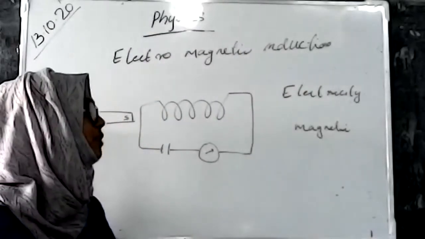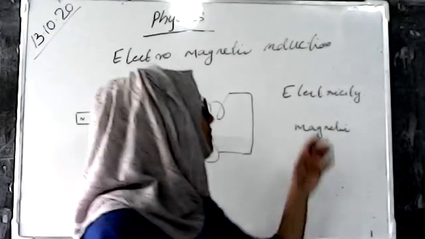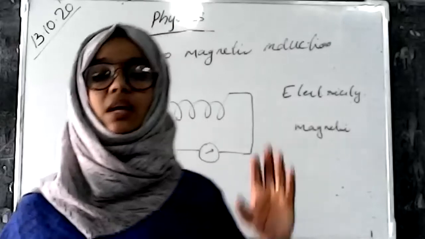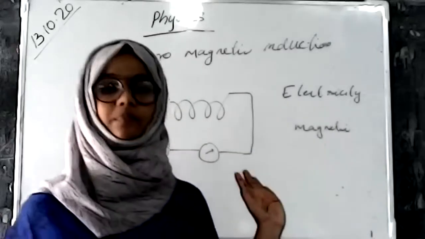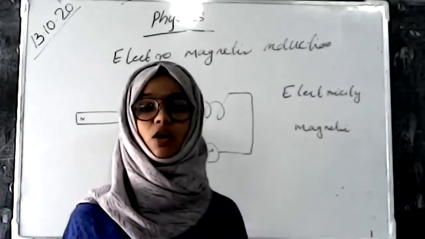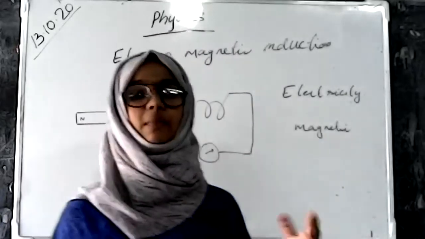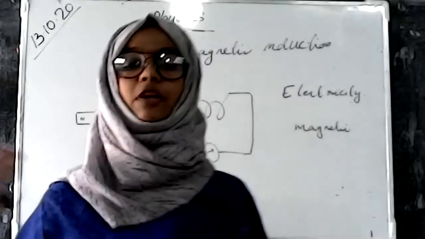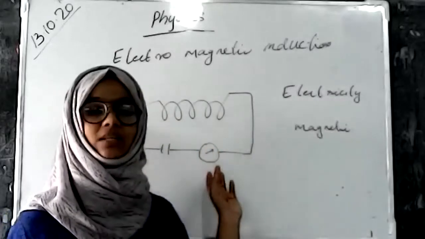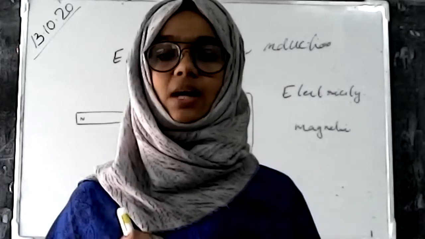So we have to derive a rule based on the direction of electricity, magnetic flux, and the magnetic field in this experiment using Fleming's rule. We discussed the directions of some things in the previous classes in Fleming's left-hand rule. But Fleming has another rule that is based on this phenomenon, electromagnetic induction. So let's discuss what Fleming's right-hand rule is.